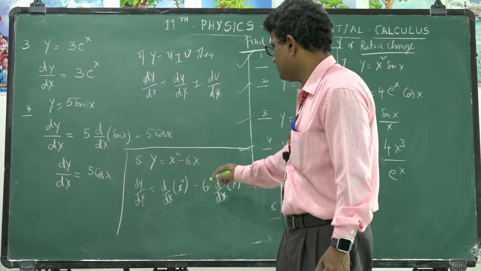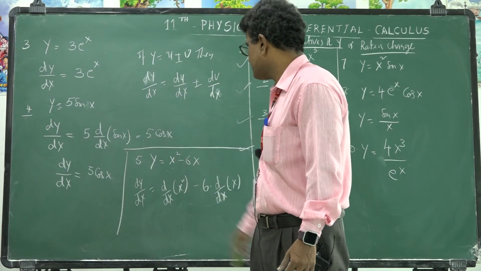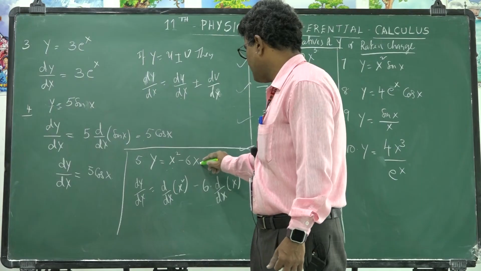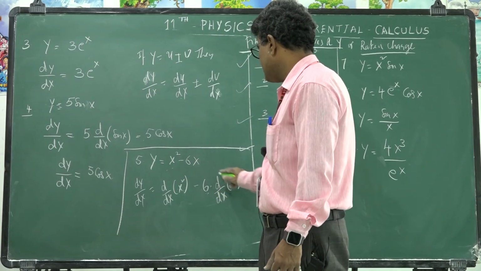So I am using this formula. d by dx of u is x square; next v is minus 6x, 6 is constant, I take it out, d by dx of x.